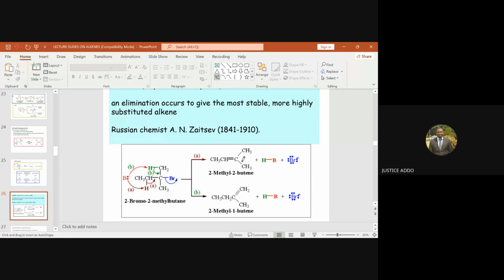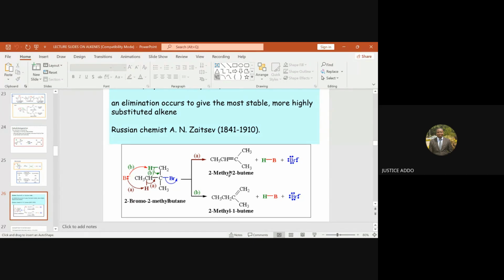Why is this so? Because if you look at this alkene, the 2 carbons bearing the double bond, it's more alkylated. It's more substituted than the one down here. What makes it more alkylated is because there are 1, 2, 3 alkyl groups and 1 hydrogen on it. But over here, you can only talk about 2 alkyl groups and 2 hydrogens. So I've already indicated that the stability of alkenes is dependent on its substitution.